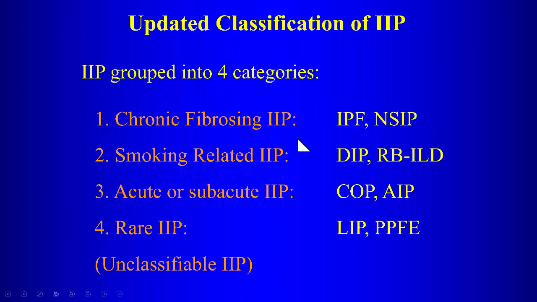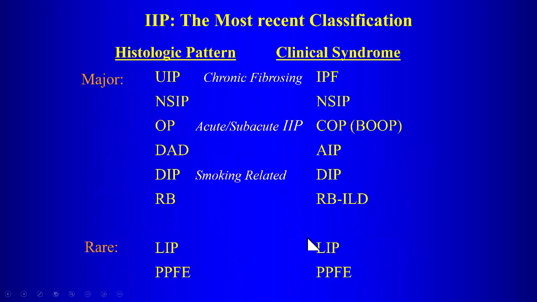We have the chronic fibrosing idiopathic interstitial pneumonias, and there we have IPF and NSIP. We have smoking-related idiopathic interstitial pneumonias, DIP and RBILD; acute or subacute IIPs, COP and AIP; and the rare idiopathic interstitial pneumonias, LIP and PPFE. So that is a classification scheme that we have to be familiar with.